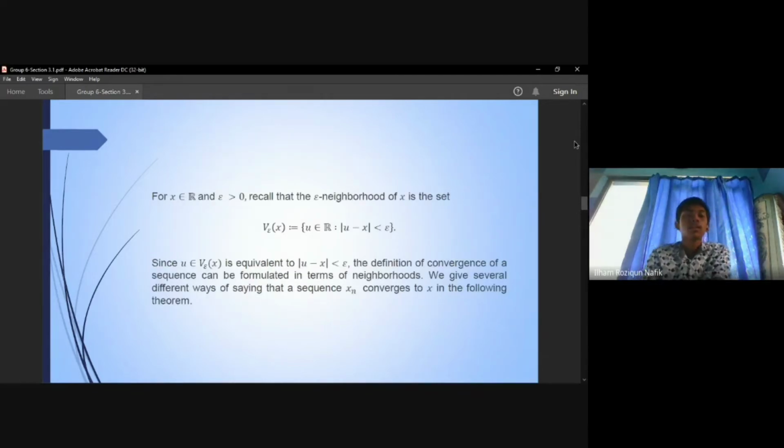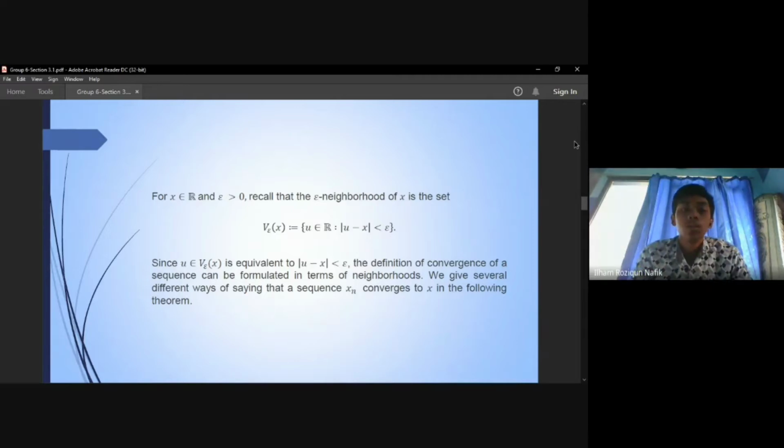Okay, then for x an element of the real numbers and epsilon greater than 0, recall that the epsilon neighborhood of x is the set we denote V_epsilon(x), equal to the set of u in the real numbers where the absolute value of u minus x is less than epsilon.